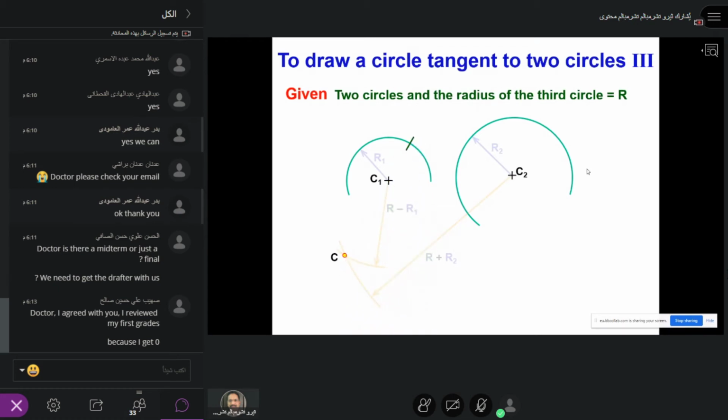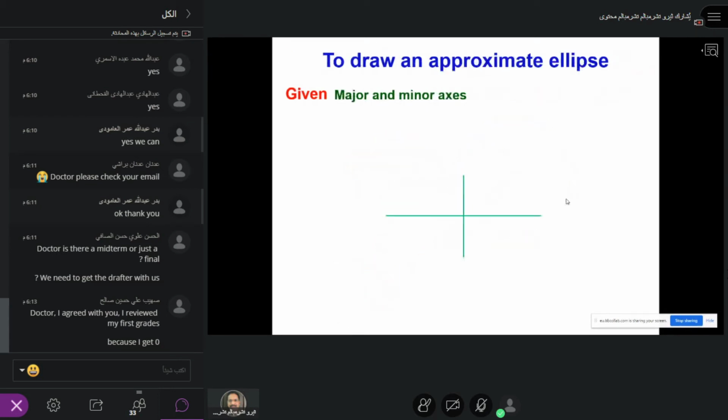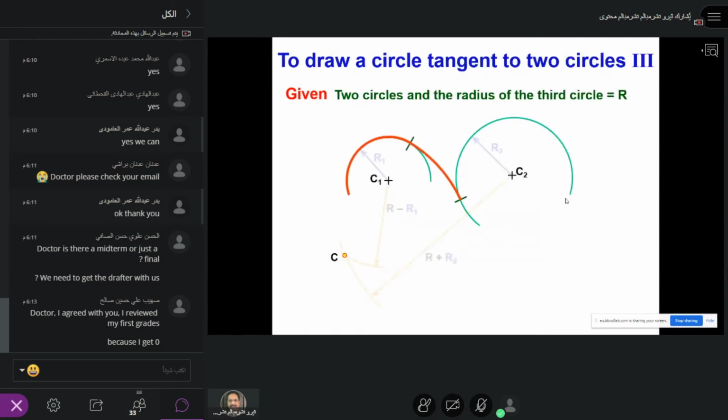Then the second will be from here to here, join it. Join these two. Then take C as the center, with the radius which will connect, and make a tangent like this. Okay, I repeat again.